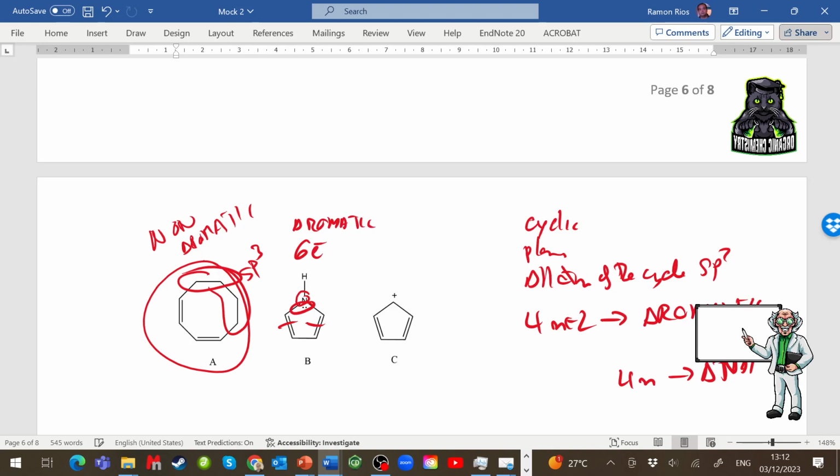And the last one: is it planar? Yes. Is it cyclic? Yes. Are all the atoms sp2? Yes, because this is a carbocation, so it is sp2 hybridized. How many electrons do we have? 2, 4, and this is 0 because it's a positive charge. That means 4 electrons, antiaromatic.